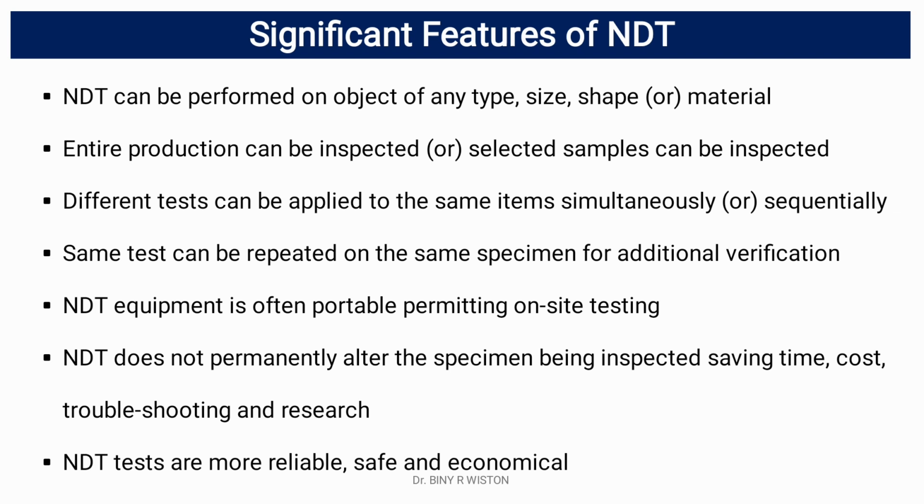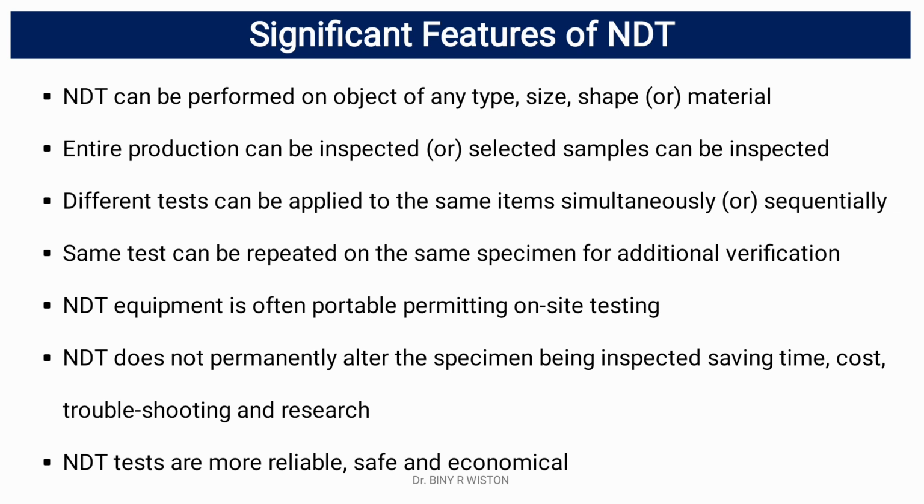The significant features of NDT include: NDT can be performed on an object of any size, shape, type or material. The entire production can be inspected, or a selected sample can be inspected.